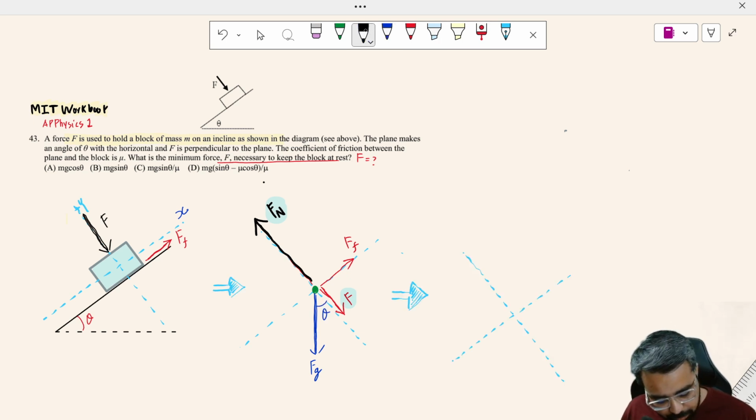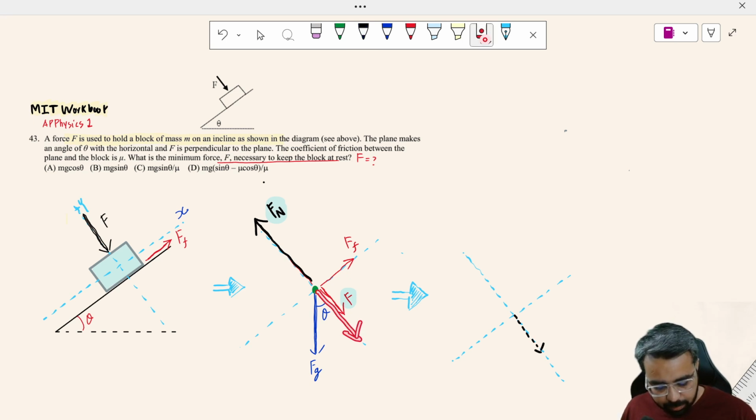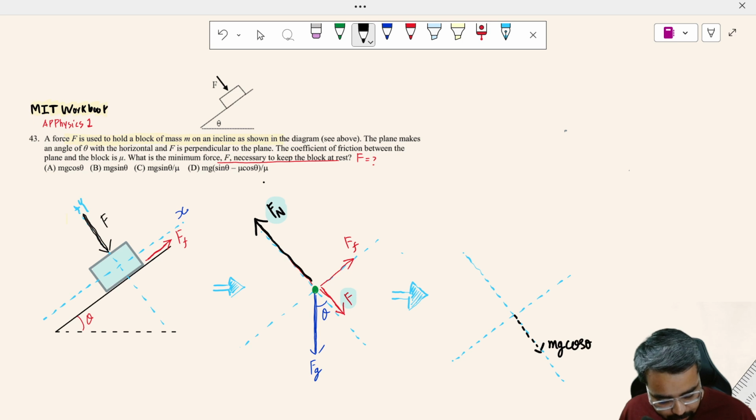So, students, if we draw the components of the weight, I'm talking about this one. This is our y component, and this is our x component of the weight. So I'm going to show here that this is mg cos theta and this one is mg sine theta.